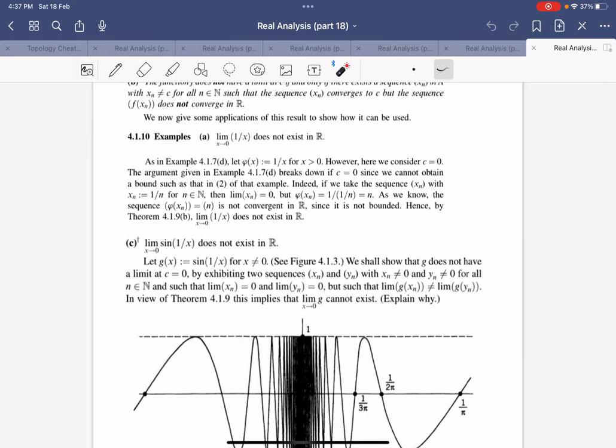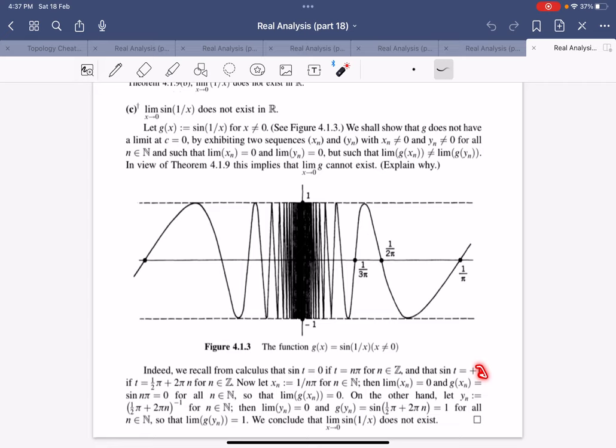The first sequence we consider is x_n equals 1 over n pi. The limit of this sequence equals 0, and when you run it through the function sine 1 over x, it equals sine of n pi, which is 0 for all n's.